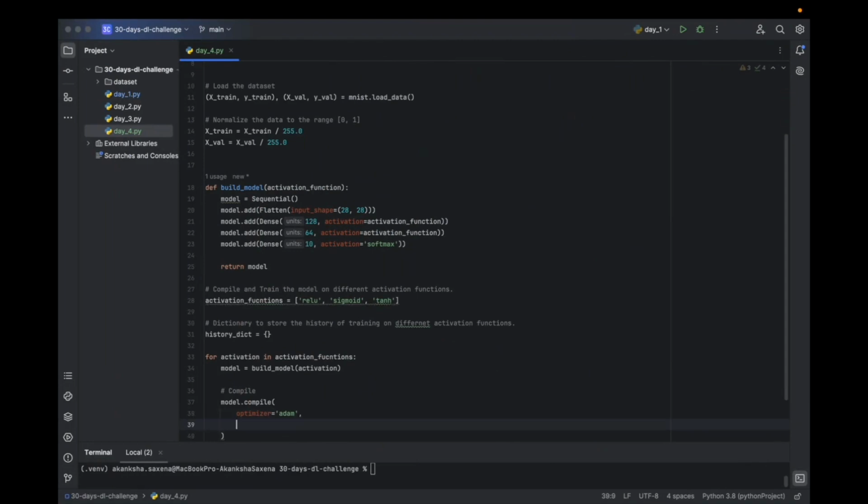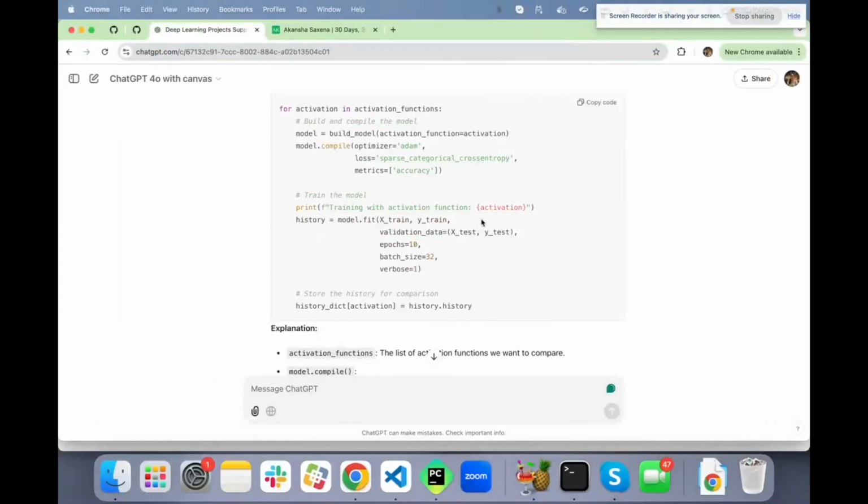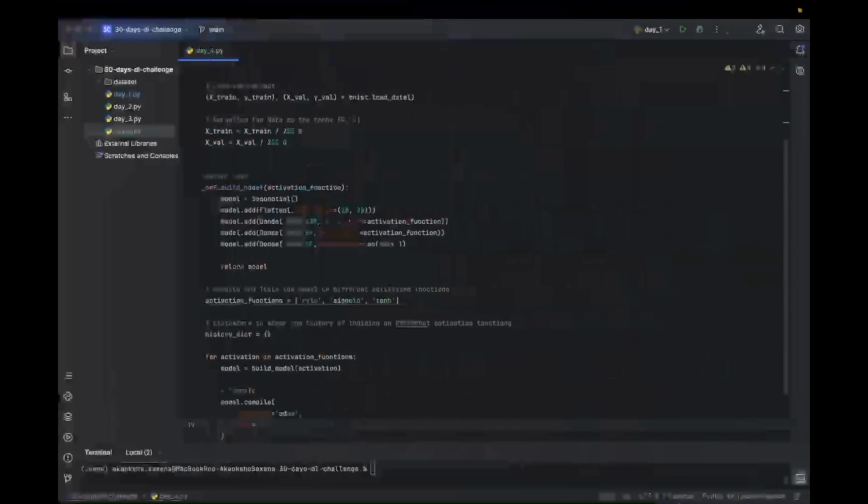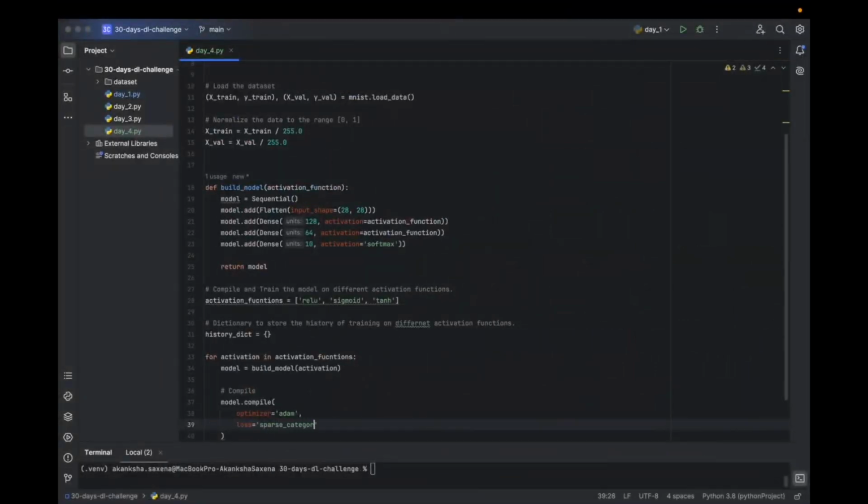and I forgot a comma. And then the loss, how are we going to measure the loss? We should measure the loss with sparse categorical cross entropy. Why this? Because we have 10 digits, right?